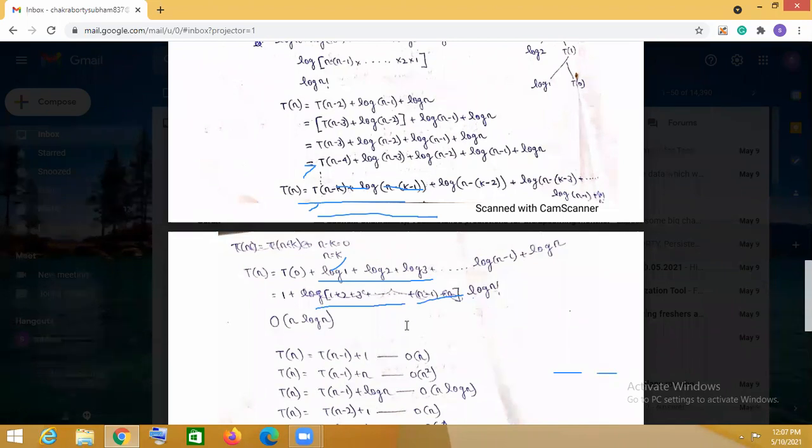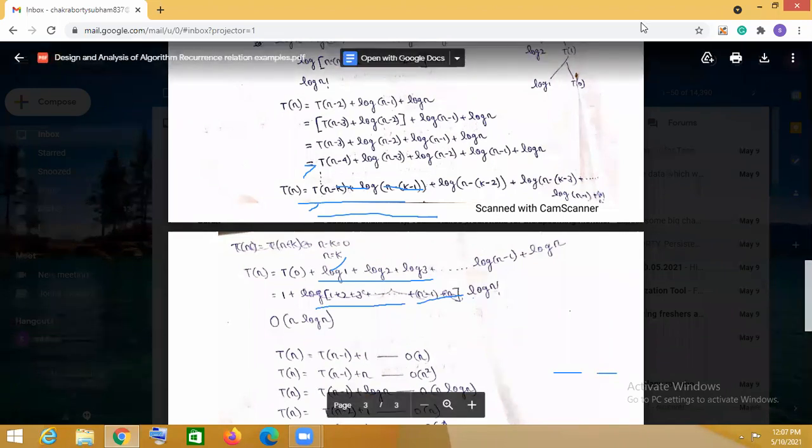Then the simplest trick to solve this kind of problem in an objective question is: if our function is given as T(n) equal to T(n minus 1) plus n, then from this we can directly write that it will be order of n square, because there is an n here and an n in the term, so only these are present.